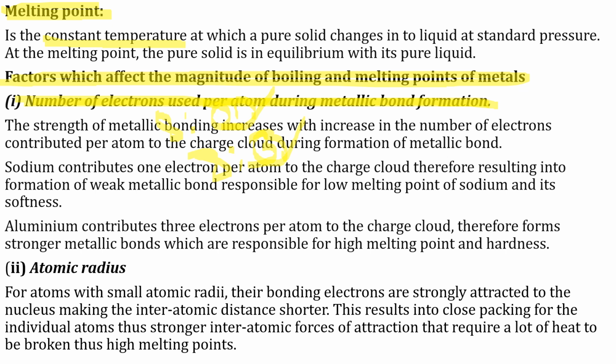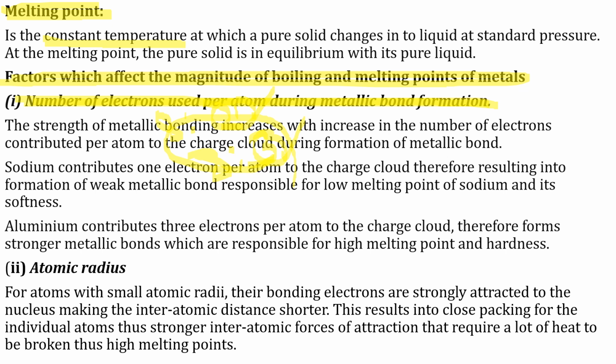But note that this only applies for metals. So for the strength of metallic bonds, we look at the number of electrons contributed per atom. Aluminium will contribute 3 electrons since it has only 3 electrons available in its outermost energy level. Thus, we expect it to form stronger metallic bonds that are harder to break, so its boiling and melting points are going to be higher.